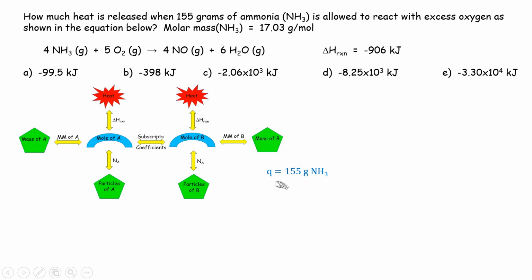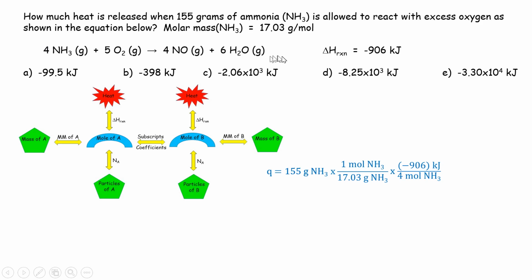Okay, so for the heat released, we start from what we know: mass of ammonia, and change that to moles. Dimensional analysis we have been doing for quite a while. And then to convert from moles of ammonia to the heat, we have to use this delta H of reaction. Now you need to understand the balanced equation.